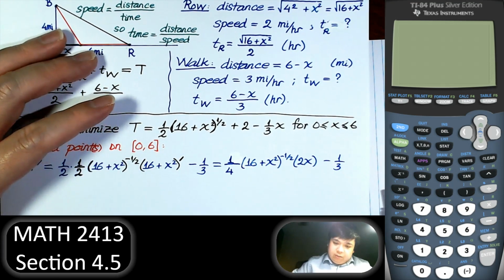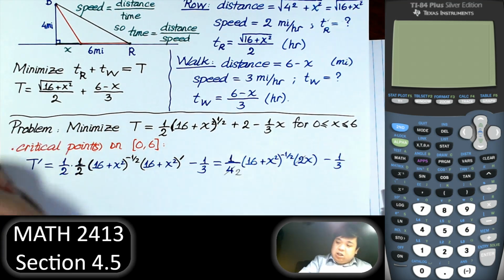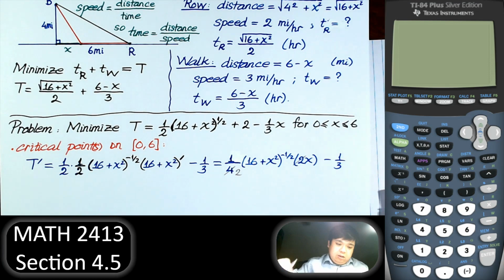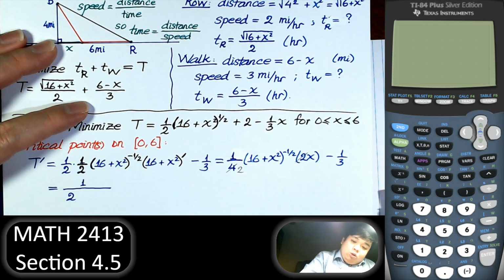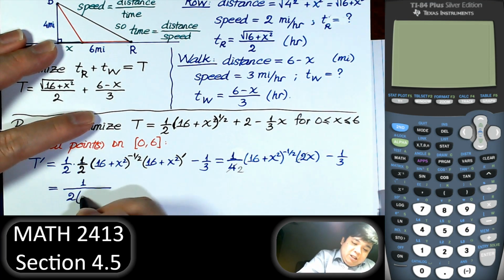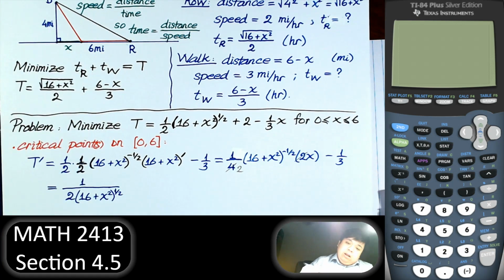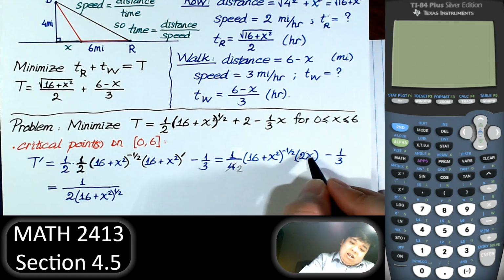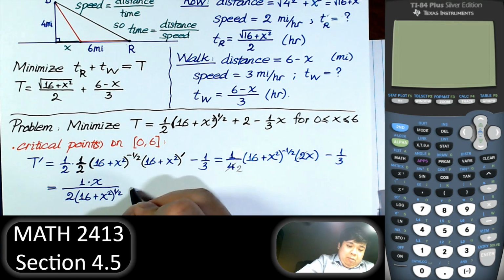Right. Of course, I can cancel the 2 and the 4, making 2 at the bottom. So I have 1 on the top, 2 at the bottom. This negative power moves to the bottom as well. And then of course the x there, minus 1/3.